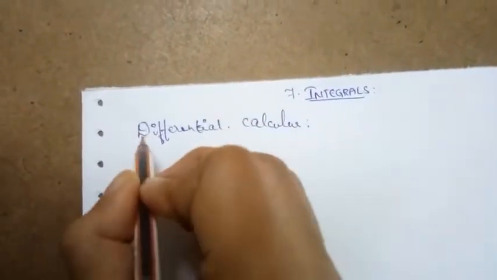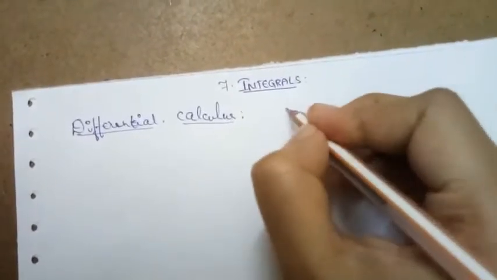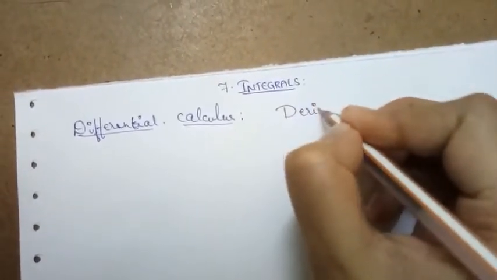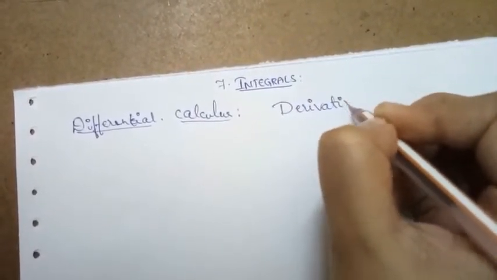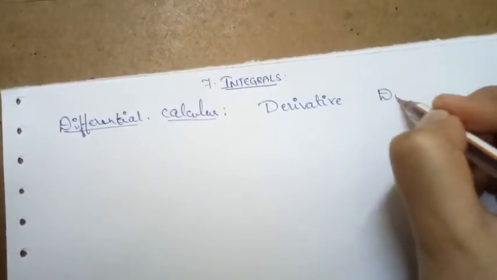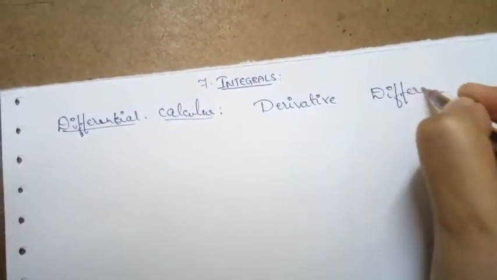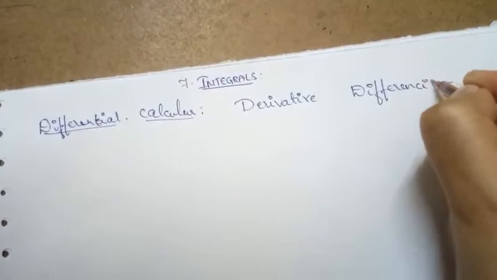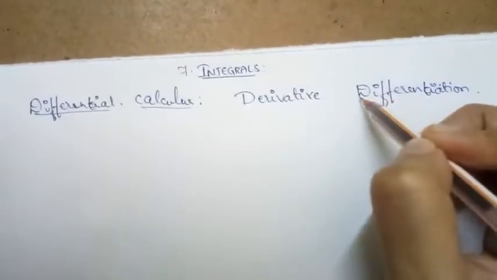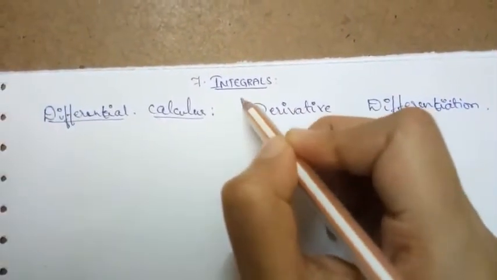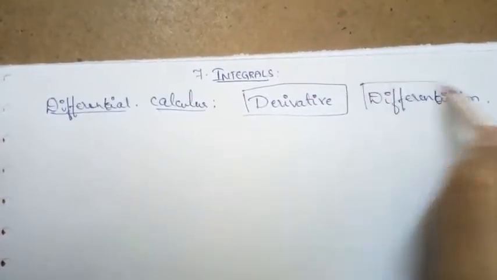So in differential calculus, what have we learned? We have learned two concepts: one is derivative, another one is differentiation. So what is derivative and what is differentiation?